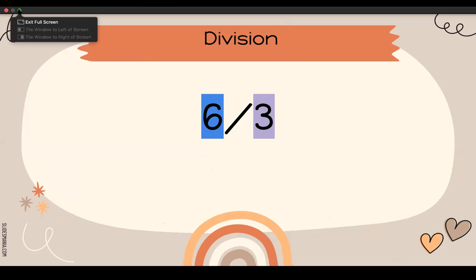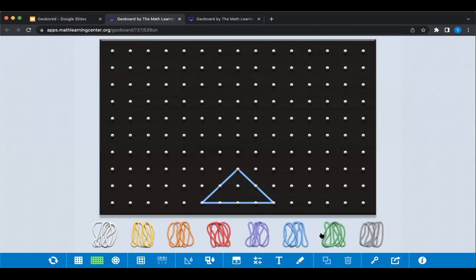So if we're asking what is 6 divided by 3, we are going to use the blue rubber bands to make 6 squares, and the purple rubber bands to make 3 squares, okay? So I'm going to start making my squares now.